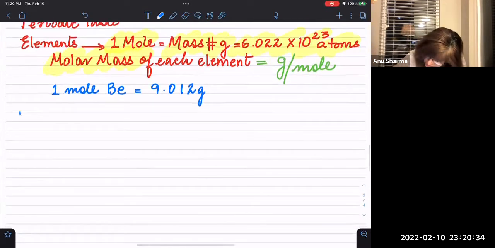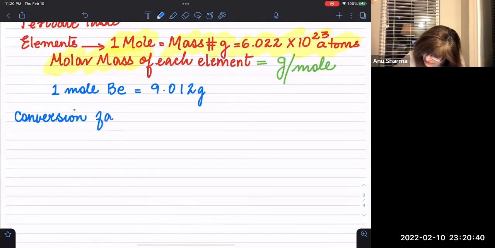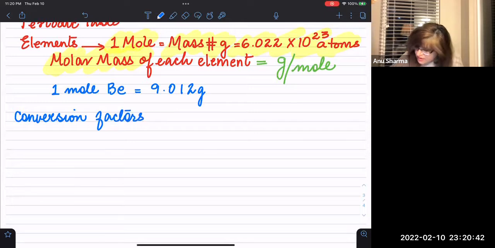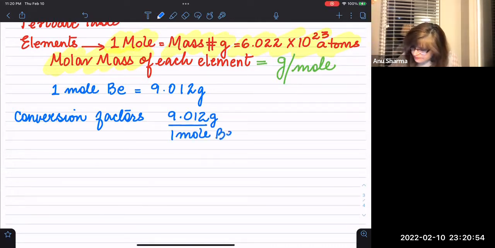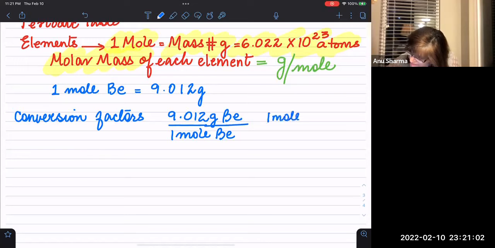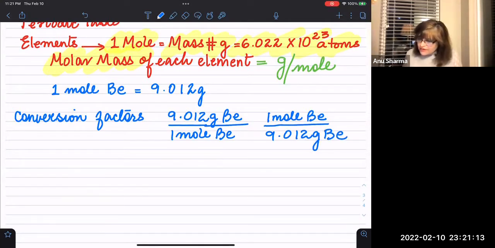The two conversion factors are 9.012 grams over 1 mole of beryllium, or 1 mole of beryllium over 9.012 grams of beryllium. Two conversion factors from the same equality.